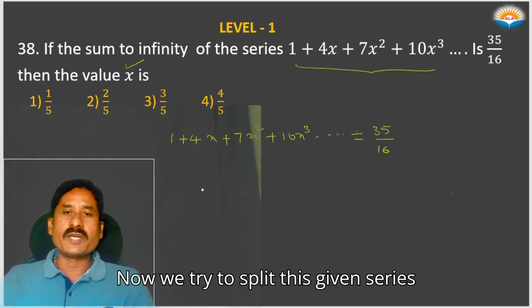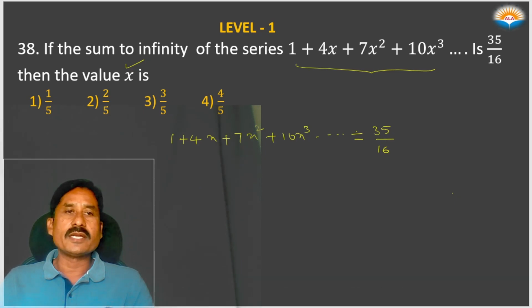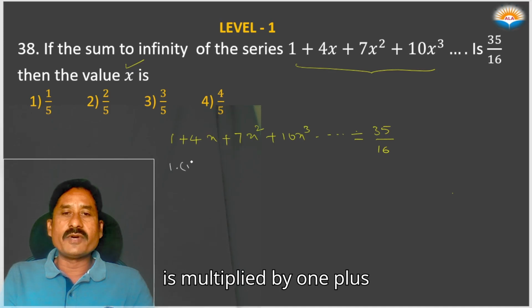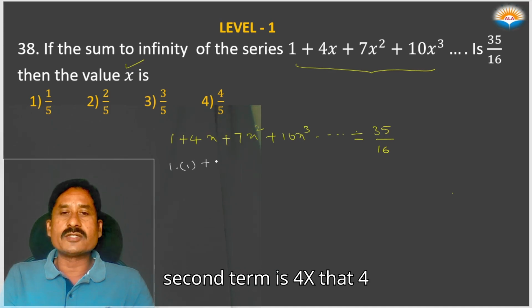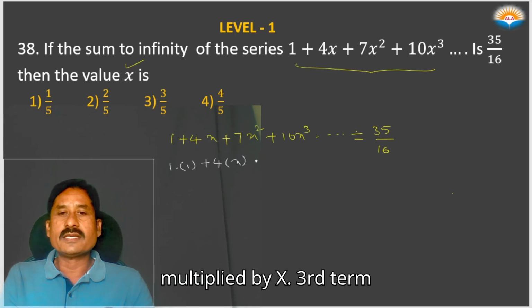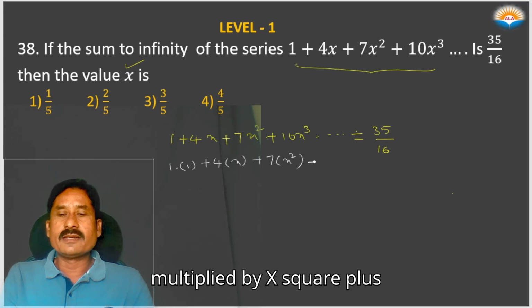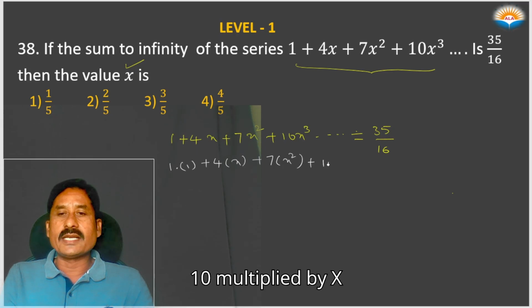Now we try to split this given series into two parts. We write the first term as 1 multiplied by 1, plus the second term 4x, that is 4 multiplied by x, the third term 7x square, 7 multiplied by x square, plus 10 multiplied by x cube, plus so on.